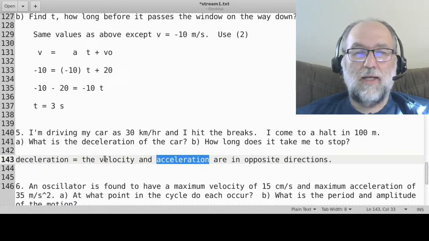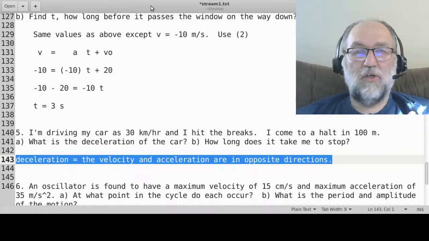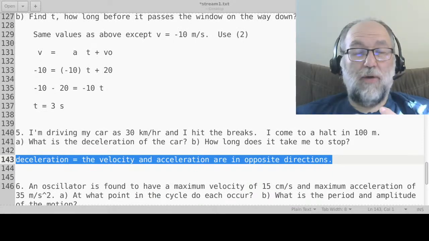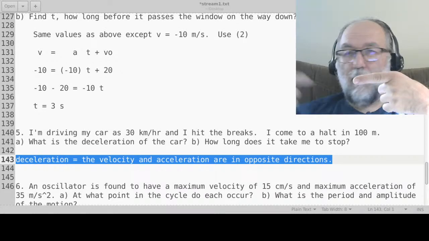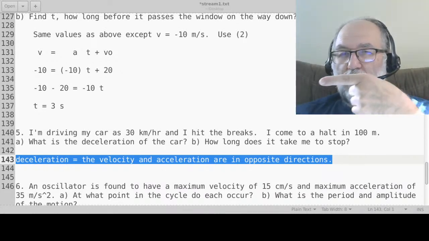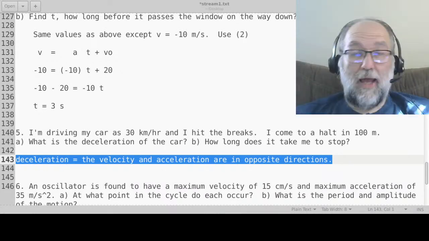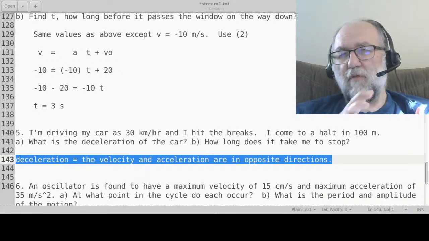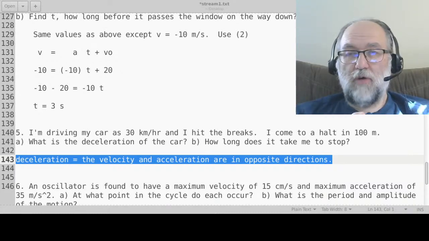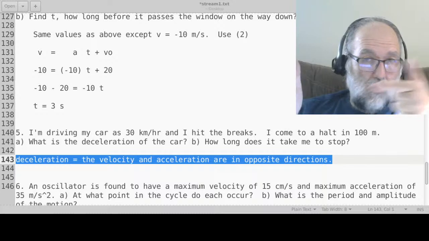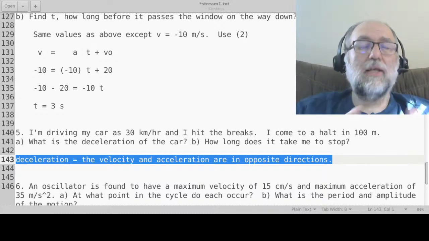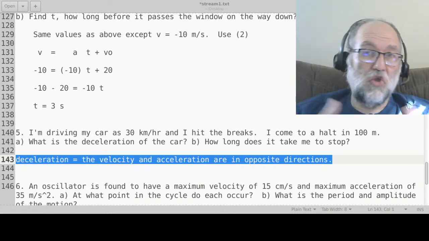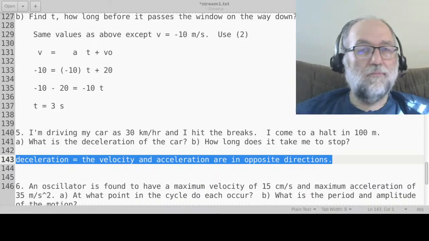It's just that we tend to call it deceleration when the velocity and the acceleration are in opposite directions. The velocity is moving you this way, but the acceleration wants to go the other way, so it's slowing down the velocity. The velocity is still going in the same direction, but it's decreasing. We tend to call that deceleration. You're slowing down.